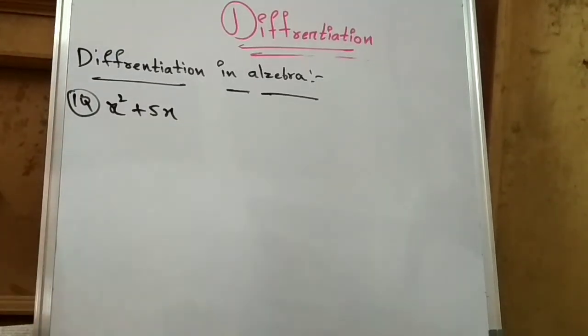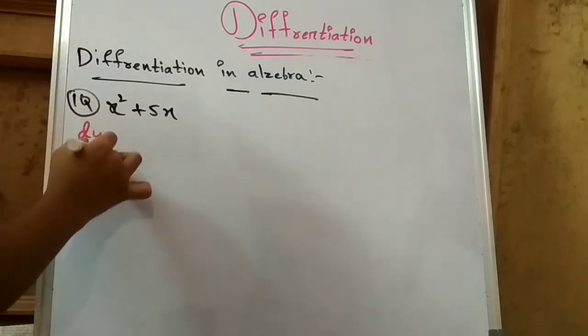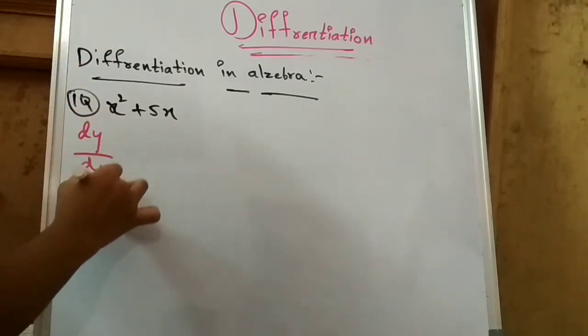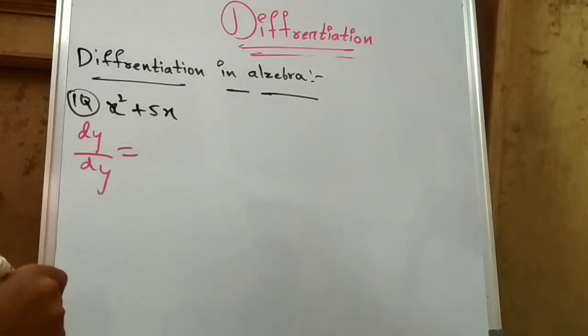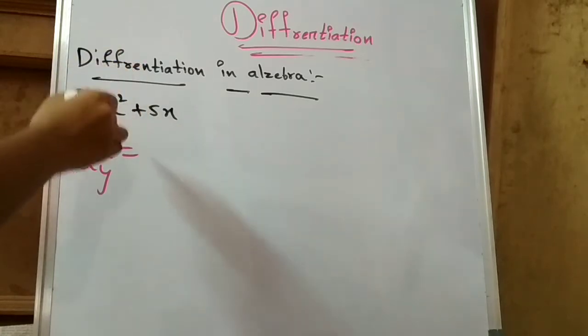Suppose they give you x square plus 5x and ask you to differentiate this. You'll be a little confused, but don't worry. Here dy by dx equals, so differentiate each term separately. Take x square first.